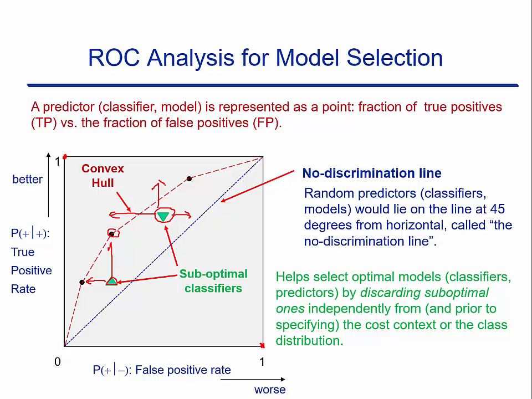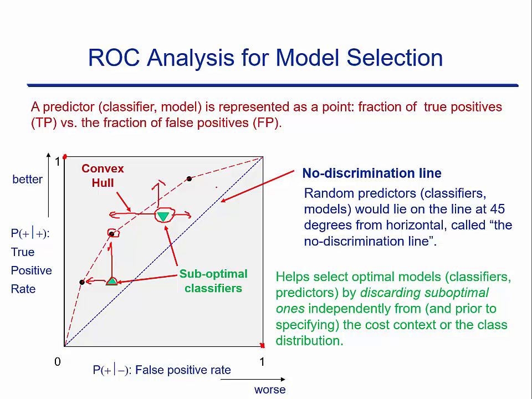Now the question is how to determine it is suboptimal and exclude it. This is based on a concept called the convex hull of the points, connected by these red dashed lines. Below the convex hull, we know the classifiers are suboptimal. But this is not to say that the classifiers sitting on the convex hull are optimal.